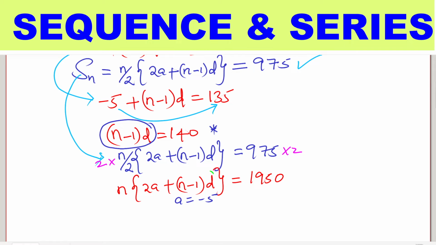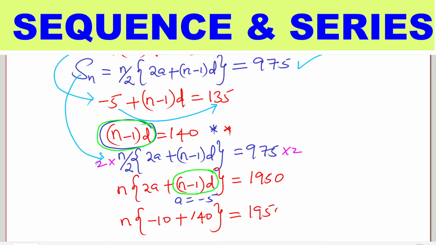So we can substitute n minus 1 multiplied by d with 140. So therefore, this will give n, then 2a, a is -5, so this will be -10, then plus n minus 1 multiplied by d, which is 140, is equal to 1950.